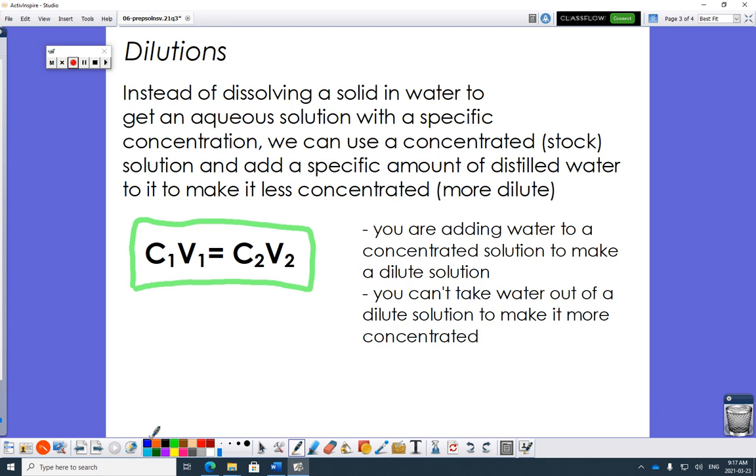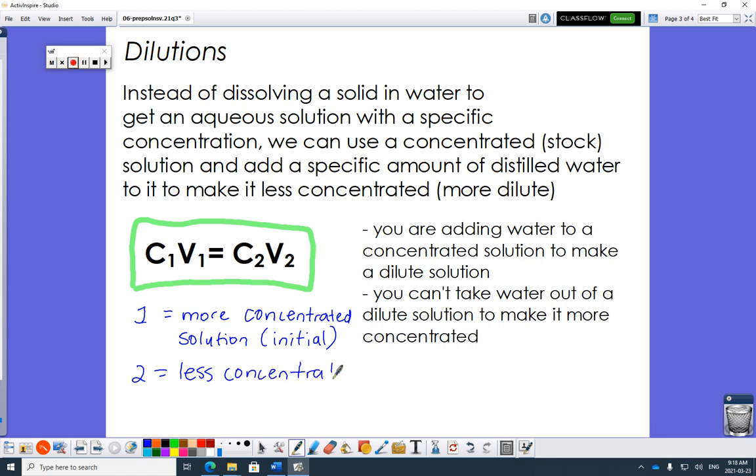That means the 1 side here is the more concentrated solution, or initial if you prefer. And then 2 is the less concentrated, or final.